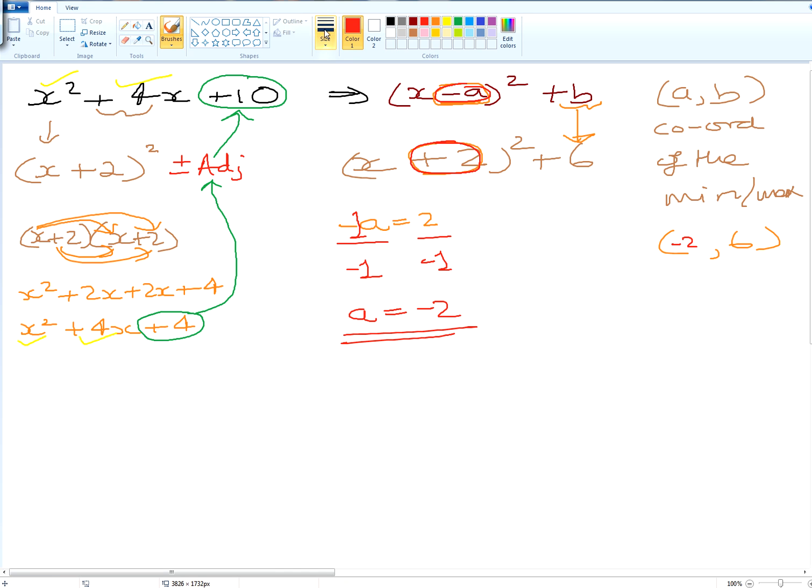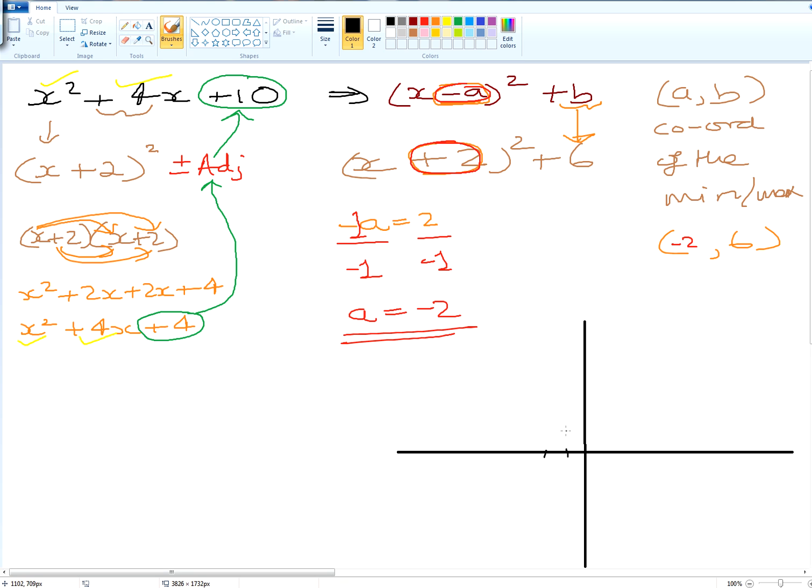If you wanted to do a quick sketch of that graph: minus 2, so minus 1, minus 2, and it's going to be 6 up here.